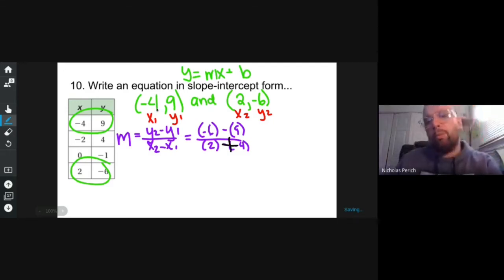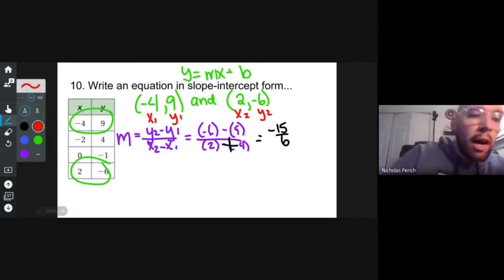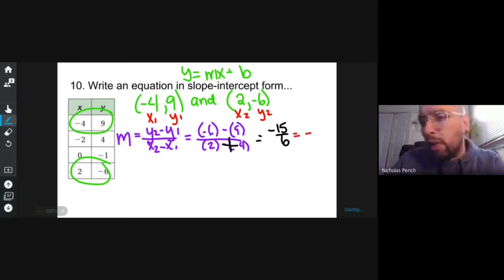Oh no, a double negative. So on the top, I have negative 6 minus 9, which ends up being negative 15. On the bottom, I have 2 plus 4. And if you're noticing that you can simplify that fraction, you can. You can divide the numerator and the denominator by 3, and that'll give you negative 5/2.